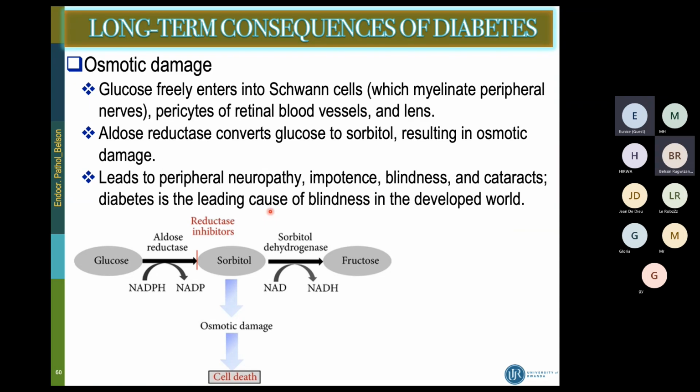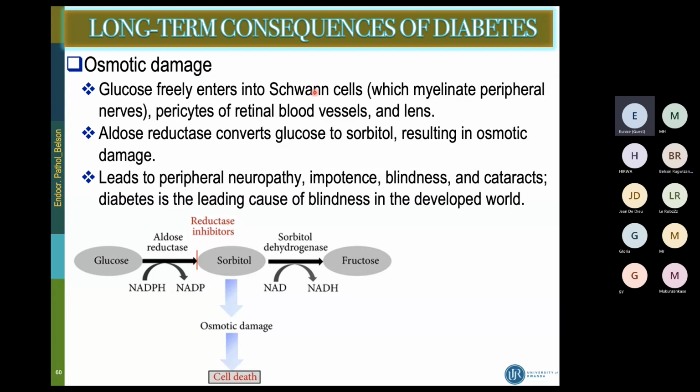So other consequences are osmotic damage. So glucose freely enters into Schwann cells. You remember the Schwann cells, ni zazi zikora myelin sheath around the neurons in the peripheral nervous system, while in the central nervous system, the counterpart of Schwann cells are called, how do you call them?